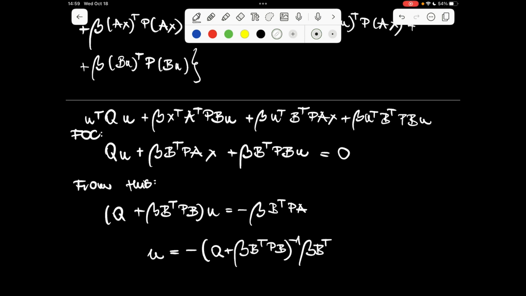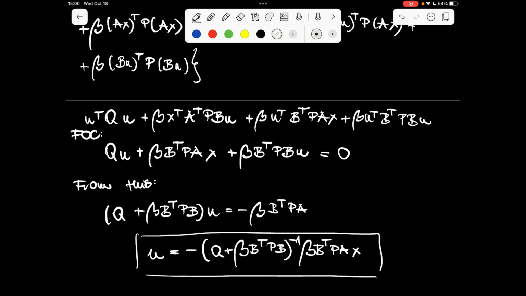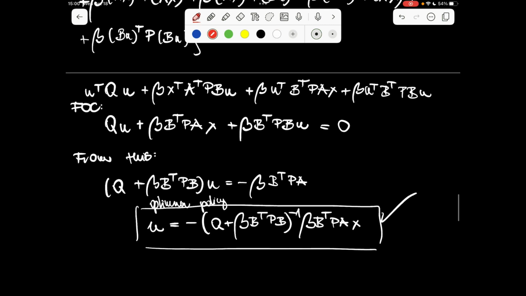It doesn't matter where you put the discount factor. So this is the optimum policy function. I'm just double checking. Okay, it's correct. This is the optimum policy function, and we have the same fly in the ointment.